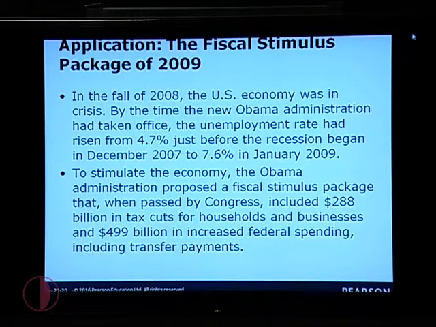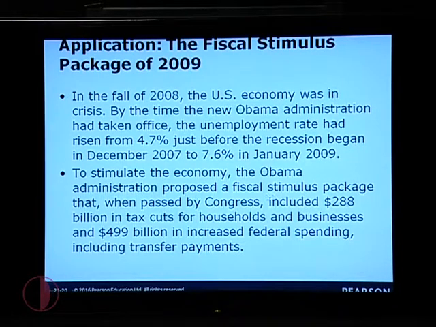Application: the fiscal stimulus. In the fall of 2008, the US economy was in crisis. By the time the new Obama administration had taken office, the unemployment rate had risen from 4.7% in 2007 to 7.6% in January 2009.